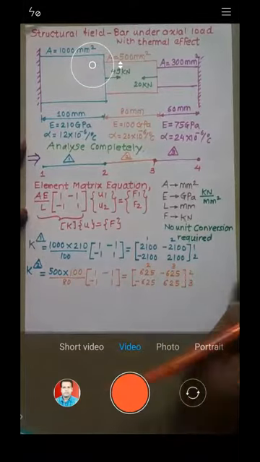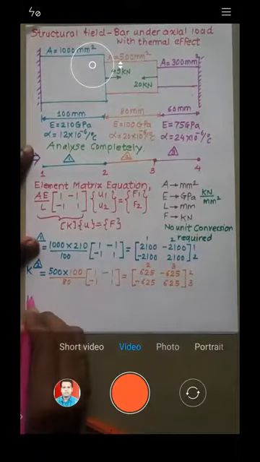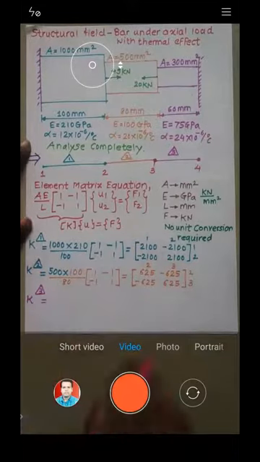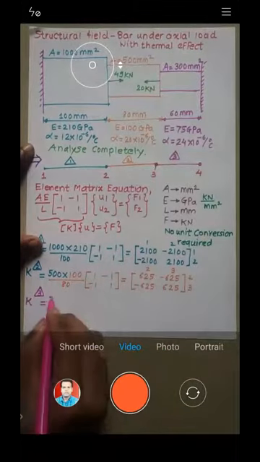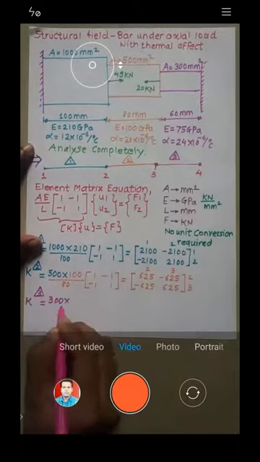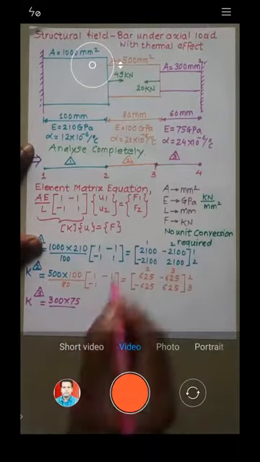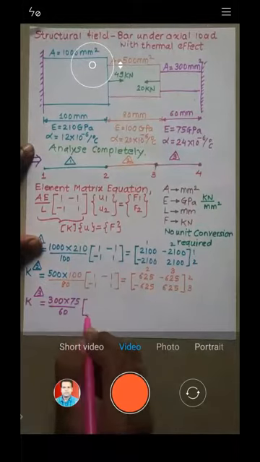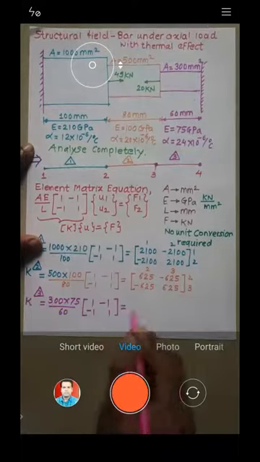Now let's go for the stiffness matrix of element number 3. For that, you require area. Area is 300 into its modulus of elasticity, that is 75, divided by length, it's 60. It is to be multiplied by 1 minus 1, minus 1 1, and just get the answer.